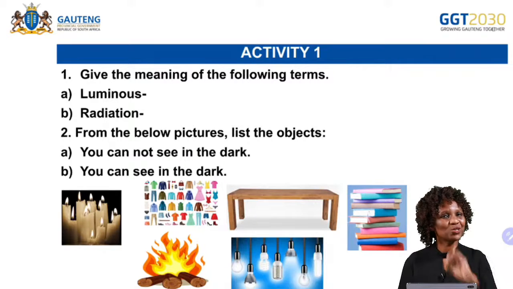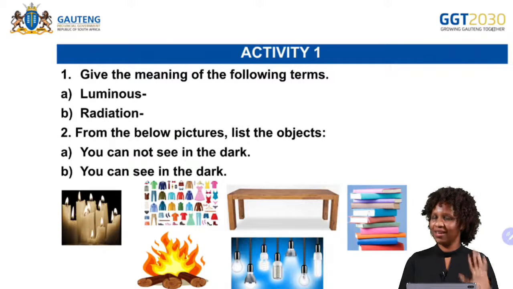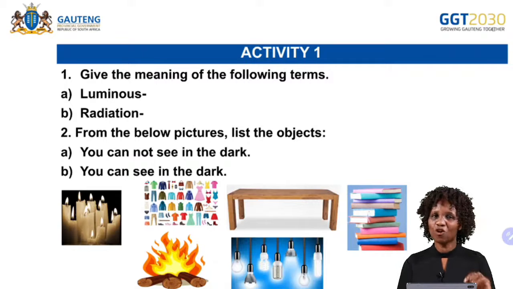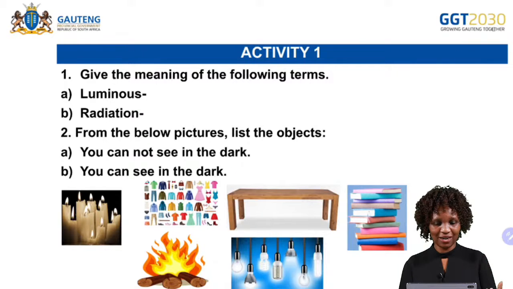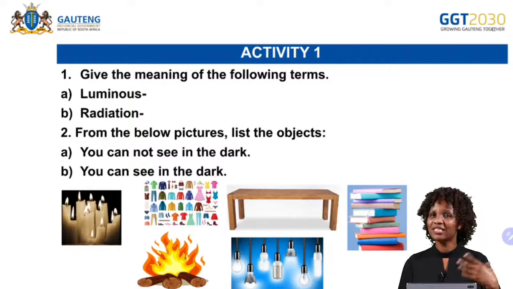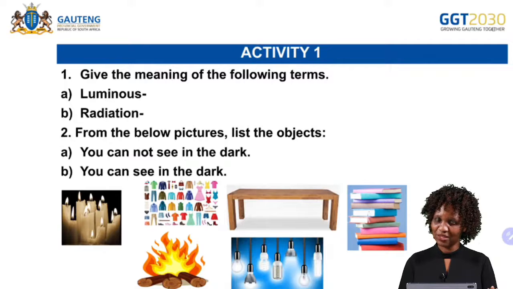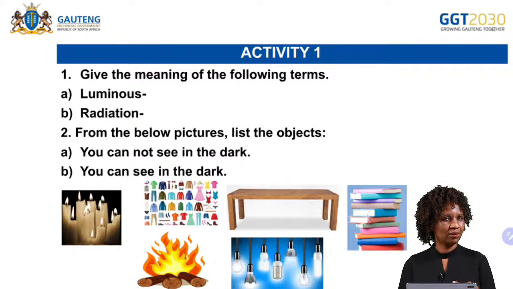Some of the pictures you can see in the dark and some of them you cannot see in the dark. Let's check our pictures before we answer the questions. We've got burning candles. We've got clothes, for example, your uniforms. We also have fire. We also have a wooden table. We've got glowing bulbs. We also have books.